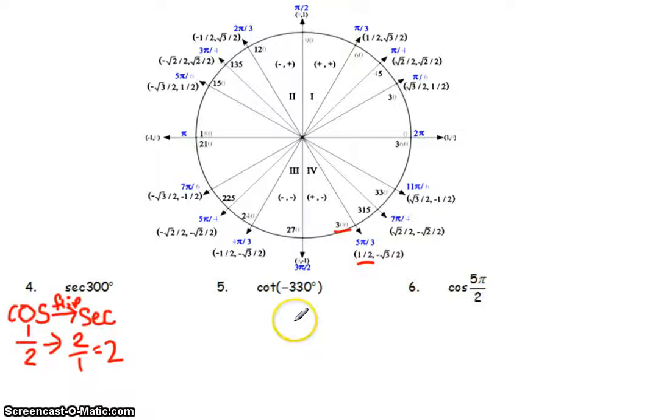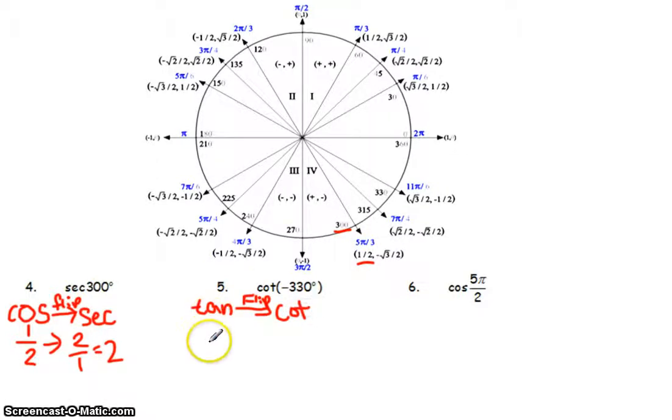Now for number 5, I need to find cotangent of negative 330 degrees. Well, I know that means I'm going to need to find tangent, and then I'm going to need to flip it because I need to find the reciprocal to get my cotangent.